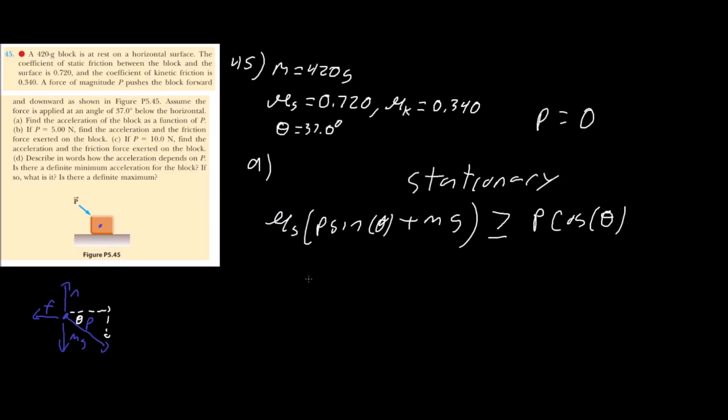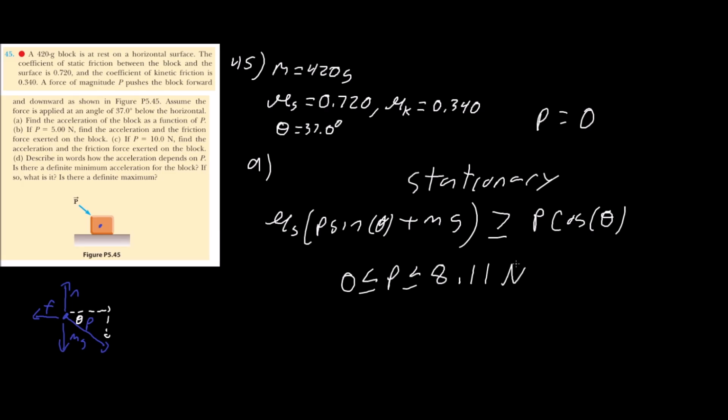So in this case, the values of P for this block to remain stationary go from 0 all the way to its maximum value of 8.11 newtons.